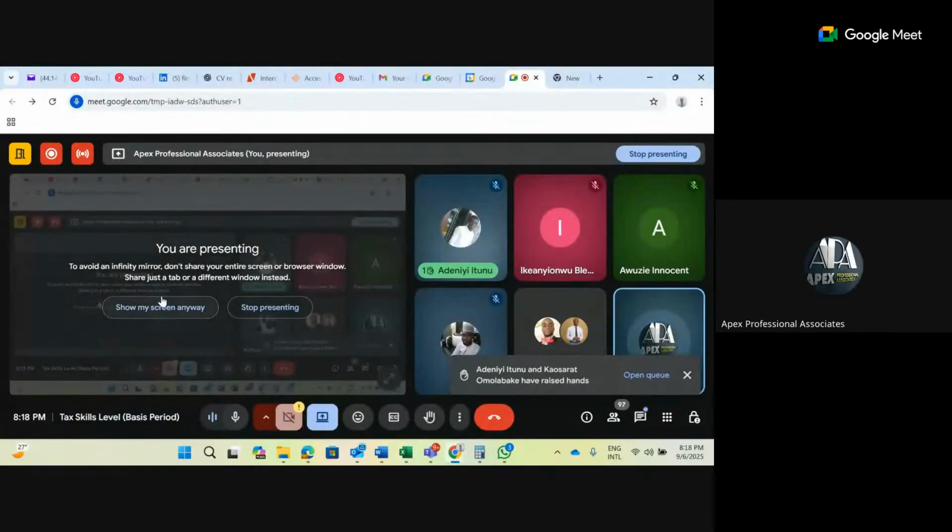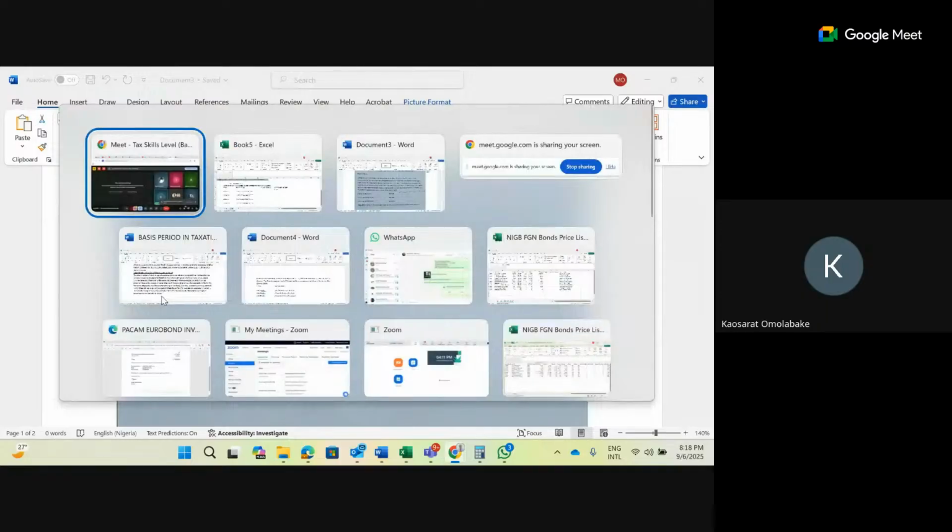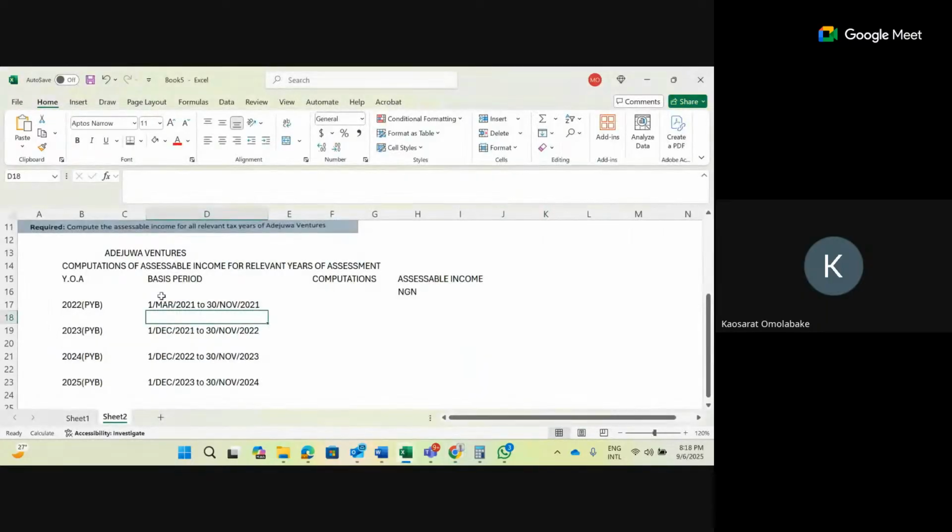Kausara, you have dropped your hand. Okay, Kausara, the last person. Good evening, sir. I'm sorry, I didn't get when you were explaining the new basis period. I'm not understanding why, instead of us to use 1st of March 2021 to 30th of November 2022, why are we using 1st of December 2021?